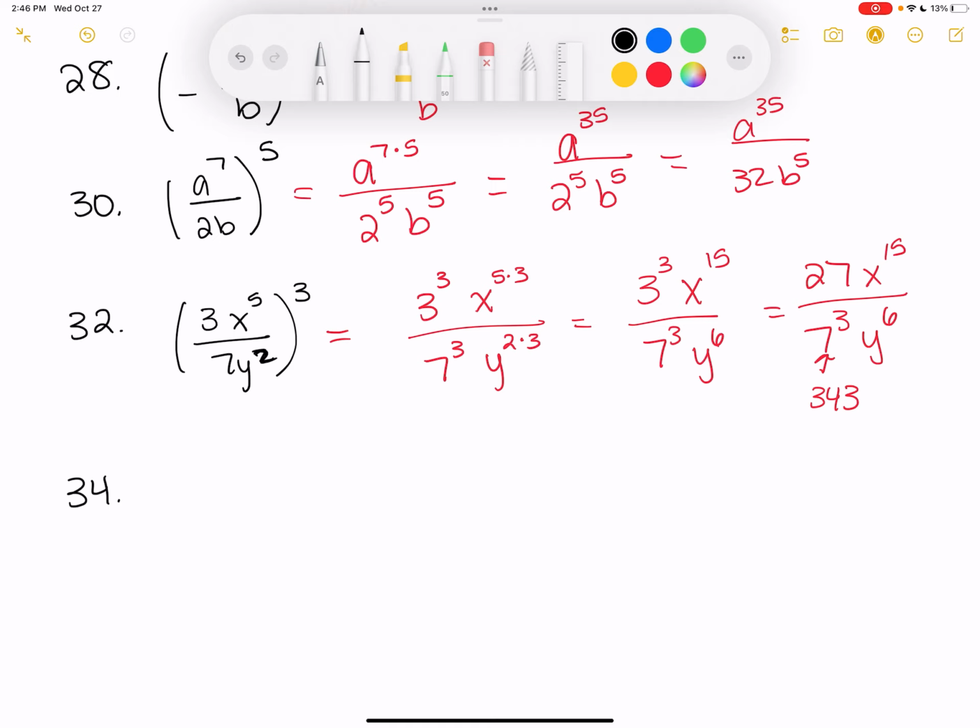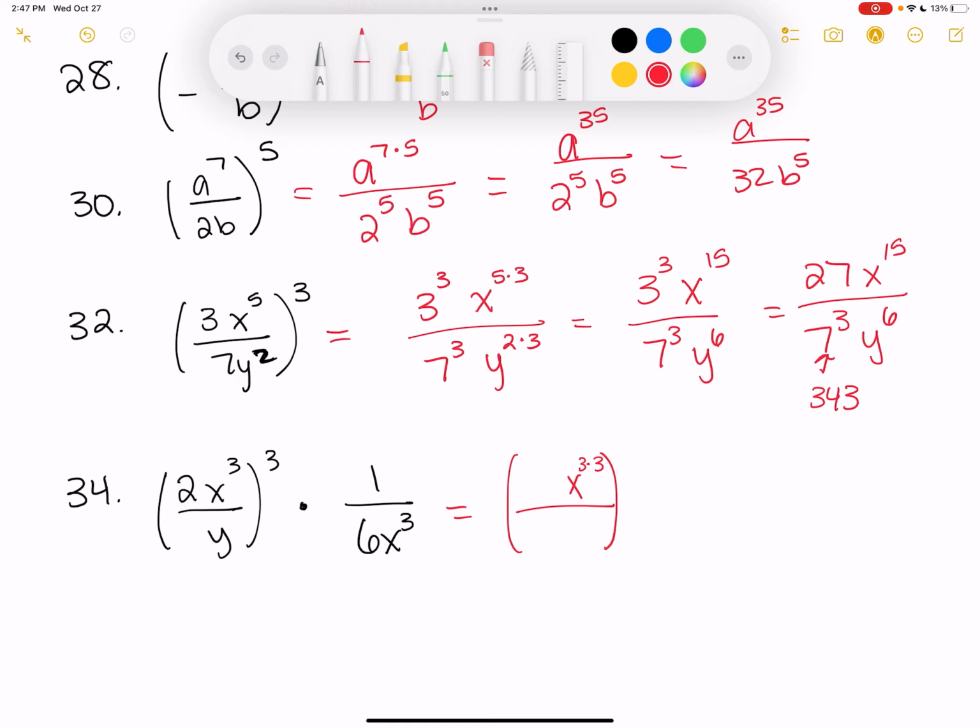Number 34, adding some more difficulty to it: 2x cubed over y, all that cubed, times 1 over 6x cubed. You multiply the 3 and 3, so for the first piece, I've got x to the 3 times 3. And for the 2, it's 2 to the 3rd.